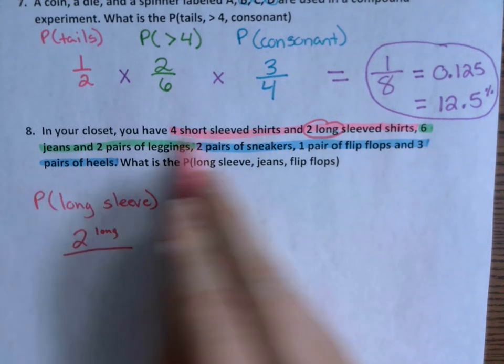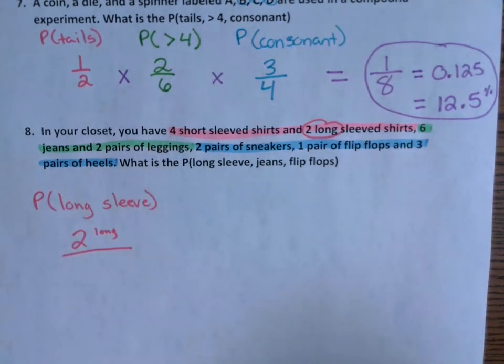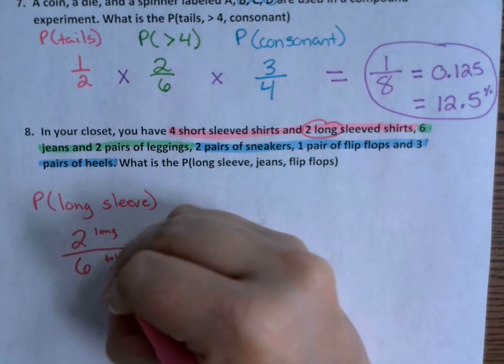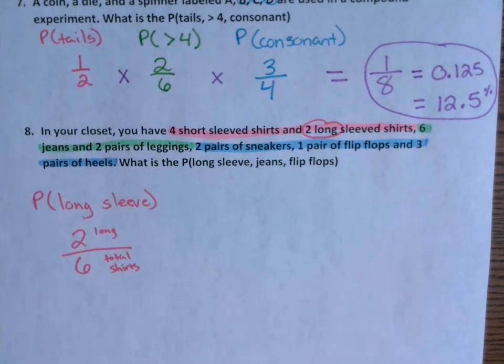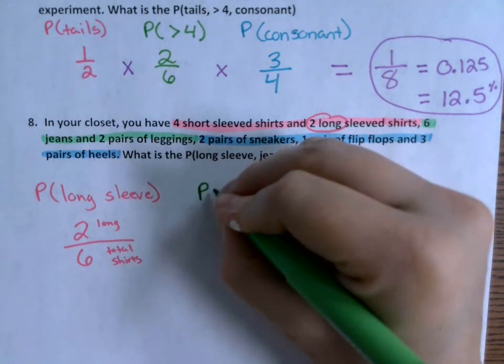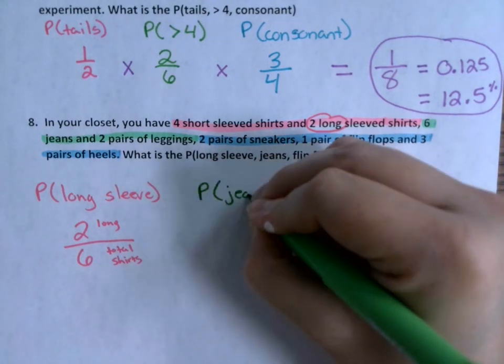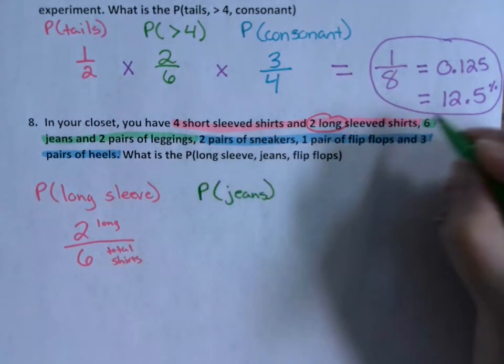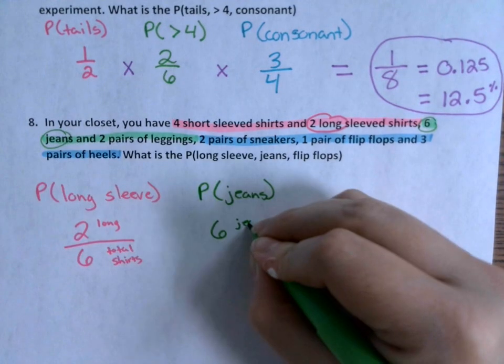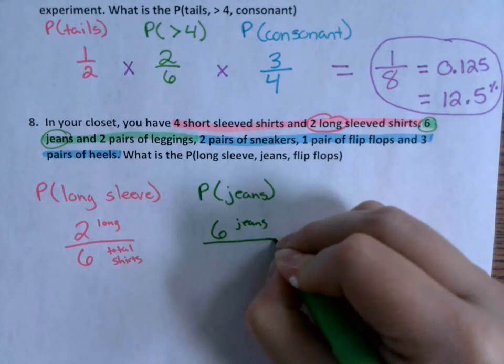So I have 2 that are long-sleeved out of 6 total. All right, probability that I'm going to choose jeans. How many pairs of jeans do I have? 6, right? I've got 6 pairs of jeans out of how many total pairs of pants? 8, right? 8 total pants.